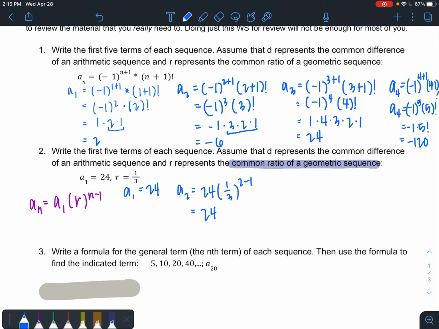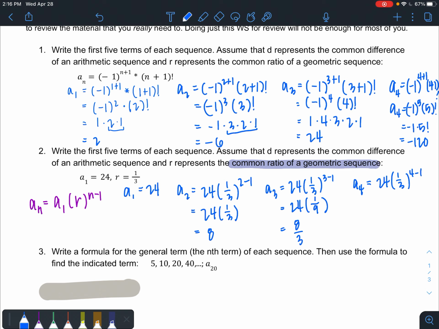So 24 times 1/3 is 8. a sub 3, 24 times 1/3 to the 3 minus 1, so 24 times 1 over 9 is 8 over 3. a sub 4 is 24 times 1 over 3 to the 4 minus 1, which is 24 times 1 over 27, reduced to be 8 over 9.